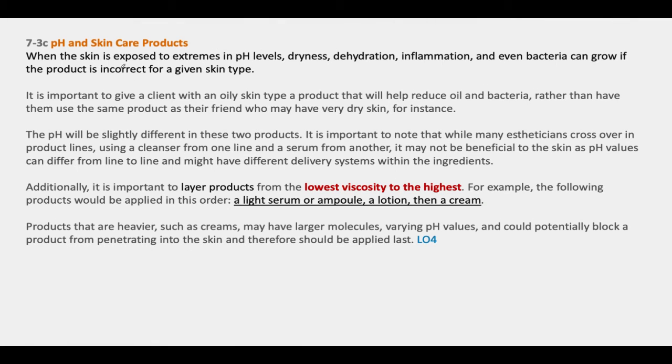Then we look at pH in skincare products, and here we are going to start analyzing our products for that purpose. When skin is exposed to extremes in pH levels, as we just saw, dryness, dehydration, inflammation, and even bacteria can grow if the product is incorrect for a given skin type.